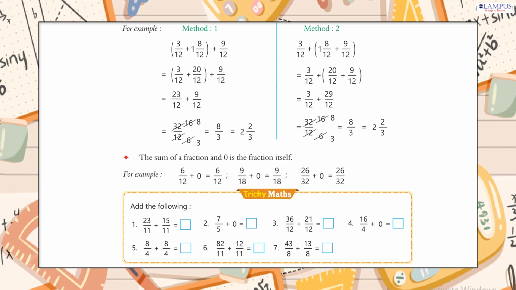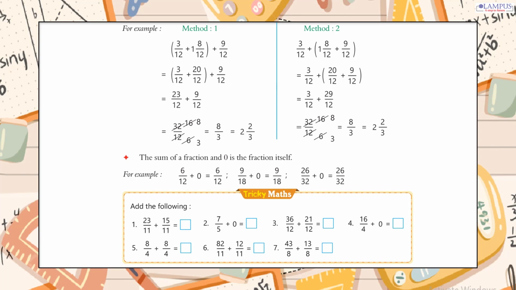Simplify 32 by 12. Divide numerator and denominator both by 2. We get 16 by 6. Again divide numerator and denominator both by 2. We get 8 by 3 as simplified form, equals 2 and 2 by 3.